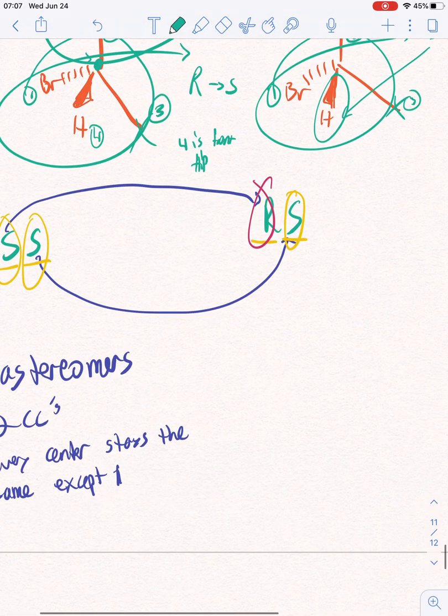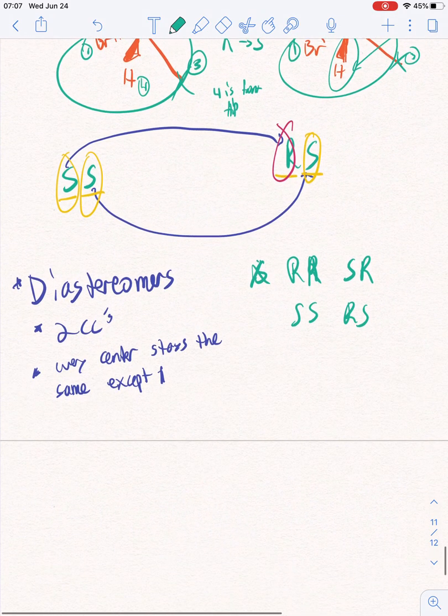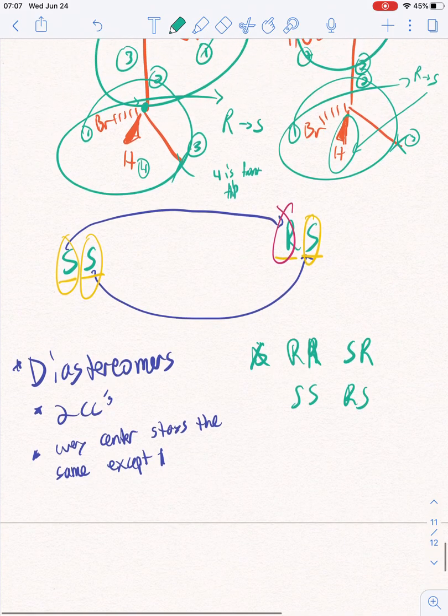So let me give you more examples. What if we do RR to SR, right? Another scenario. And this is SS to RS. So if every center stays the same except one, then it's a diastereomer, okay?